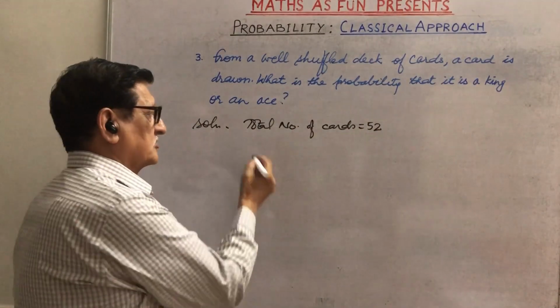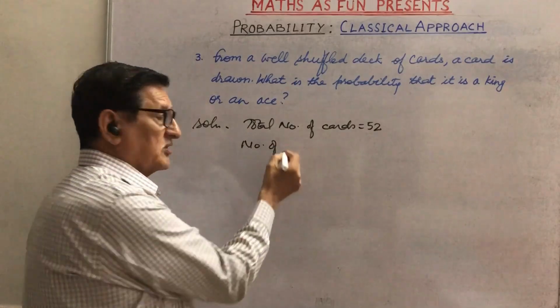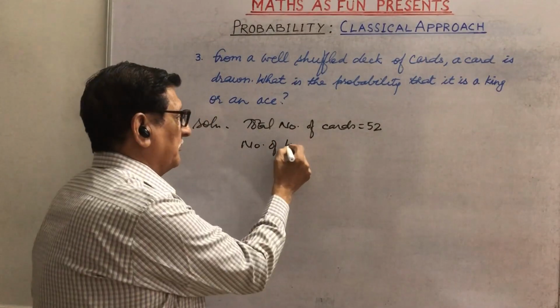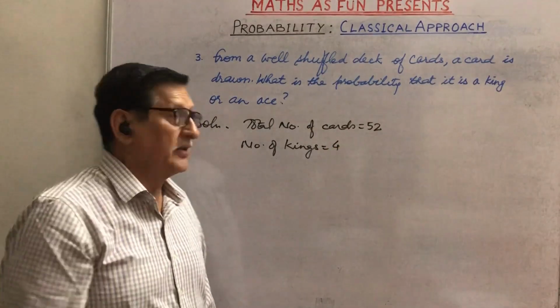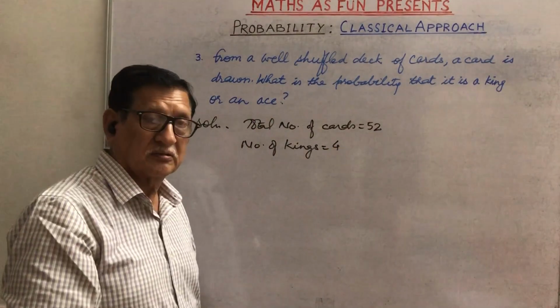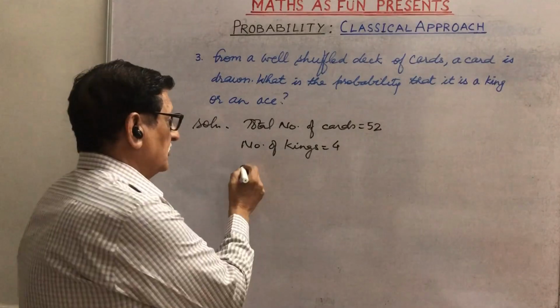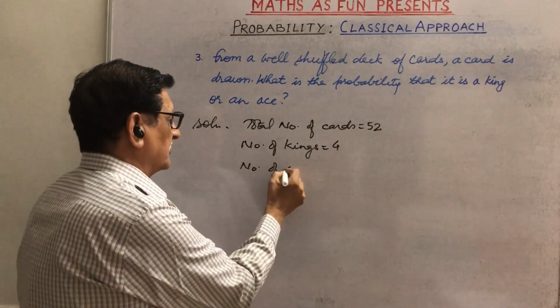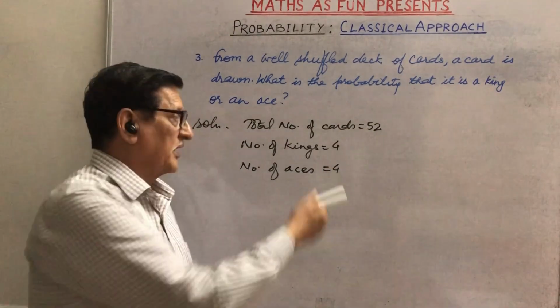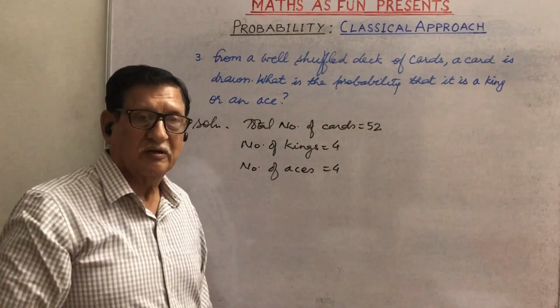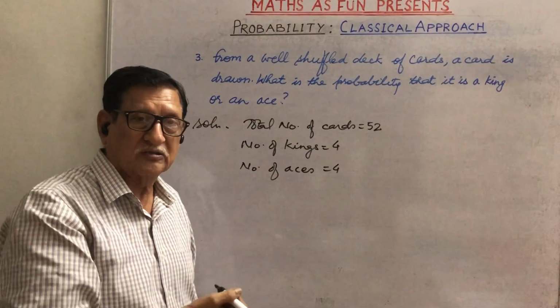How many are the kings? Kings are 4. Number of kings is equal to 4. And how many are the aces? That also is 4. So we can write number of aces is equal to 4. It means any one of these 8 cards, one card should come.